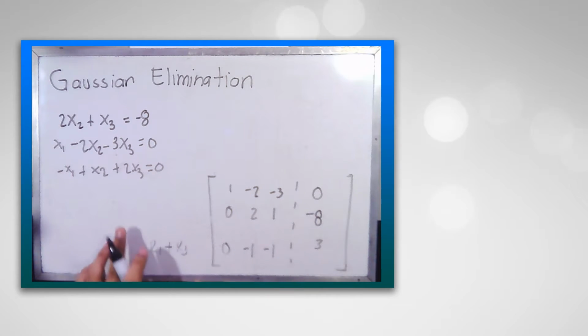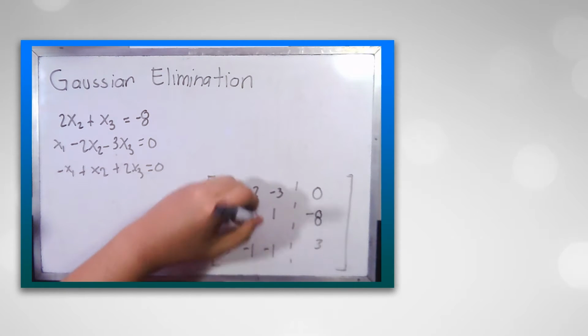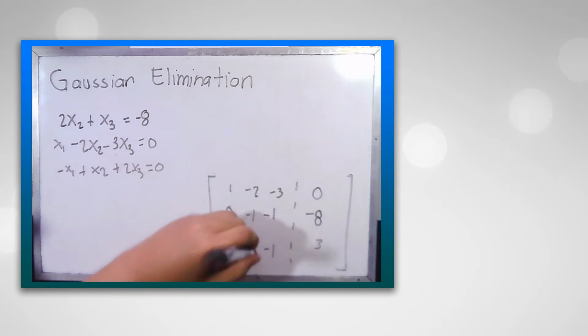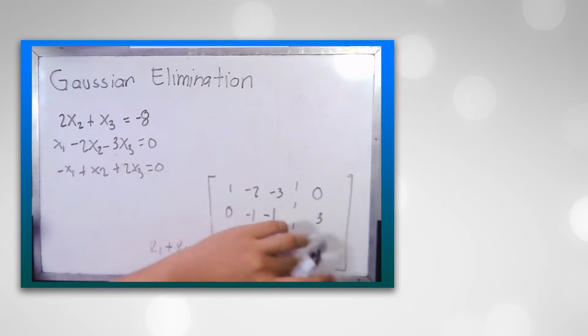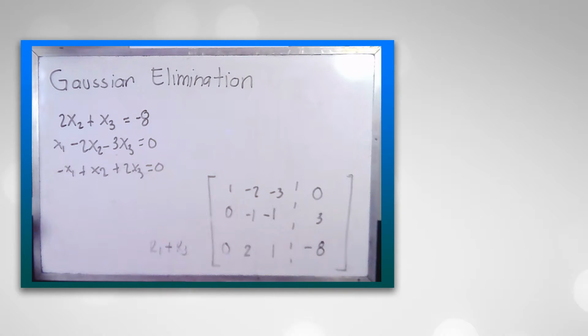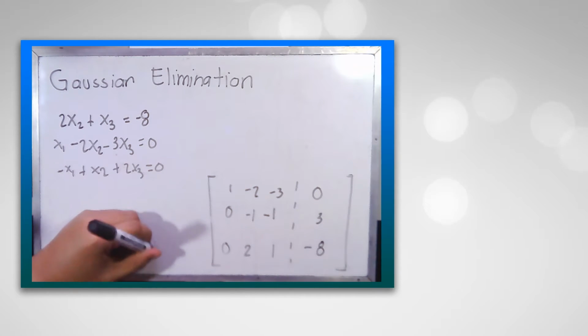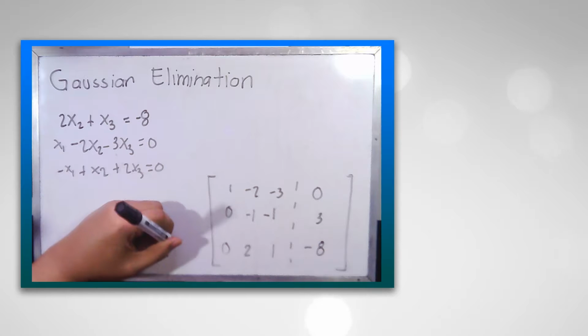Let us swap now the row 2 and row 3. So this is -1, -1, then 2, 1, then 3, and -8. After that, add twice row 2 to row 3.